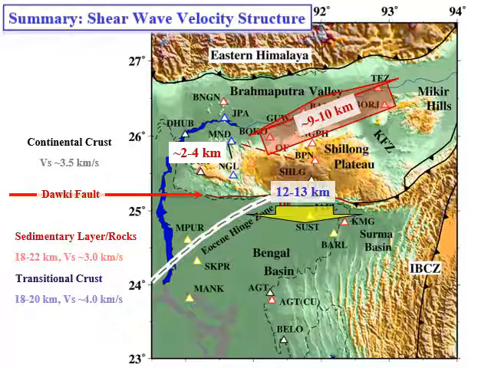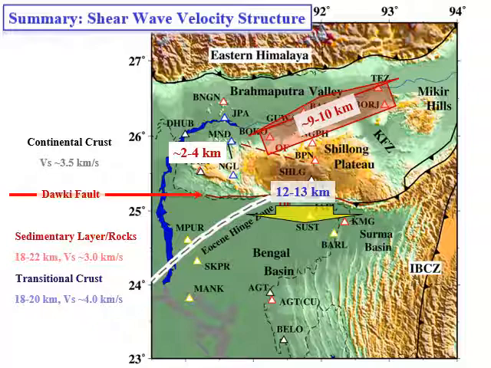In case you haven't had a chance to listen to the presentation on the velocity structure, I will summarize the main results in this slide. By looking at the joint inverted shear wave velocity structure using receiver function and group velocity dispersion data, we have seen that the crust underneath the Shillong Plateau and the Brahmaputra Valley is continental in nature with an average shear wave velocity of 3.5 kilometers per second.